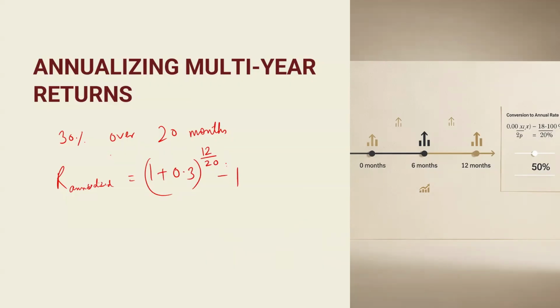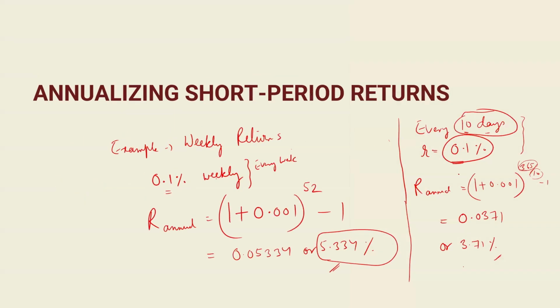So the principle does not change, whether you go from multi-year to annualized, or from short term to annualized. In the numerator you have this one full year, whether in the form of days, months, weeks, whatever. This was also 1 year in the numerator in 365 days, and this is also 1 year in terms of weeks.